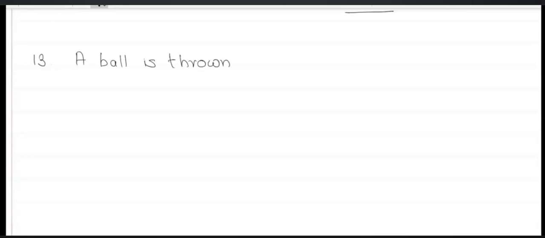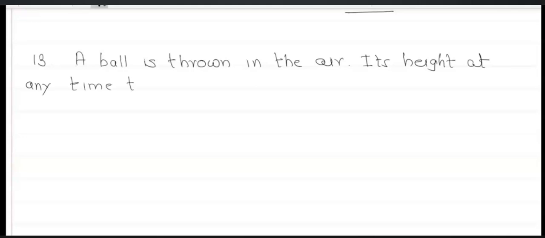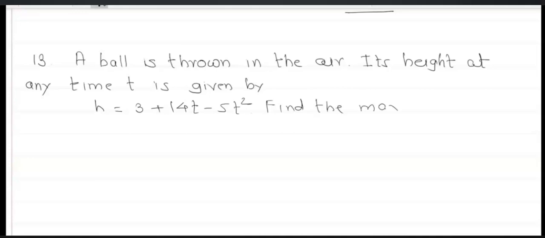A ball is thrown in the air. Its height at any time t is given by h = 3 + 14t - 5t².